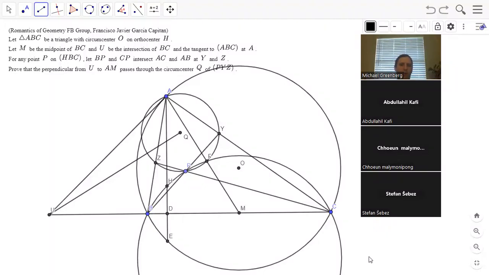Yeah, it doesn't seem that obvious to me that those concur. No, it can be angle chased. I just did it. Oh, really?